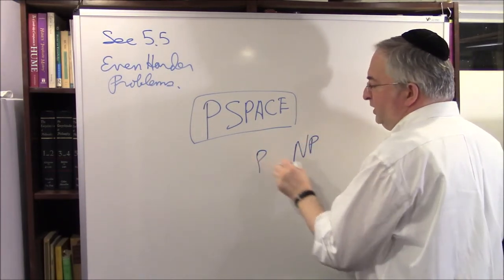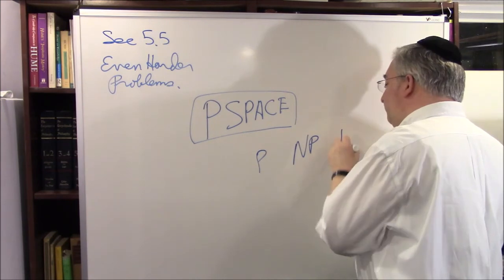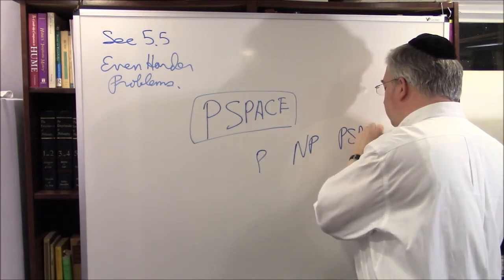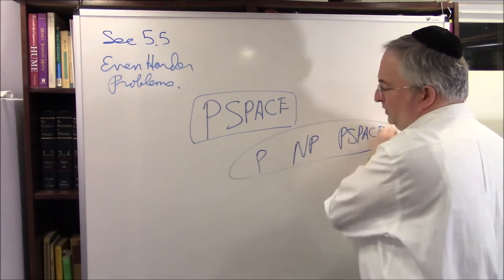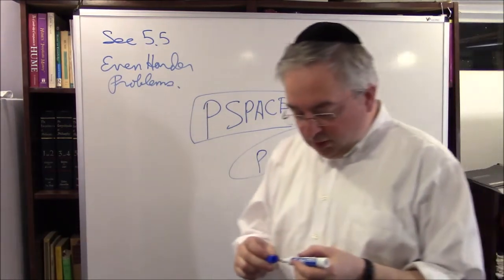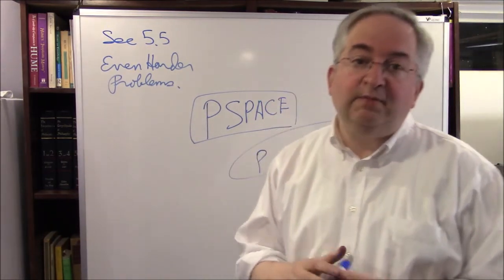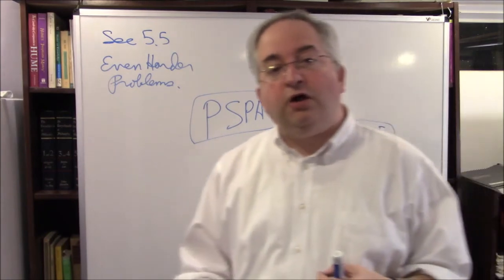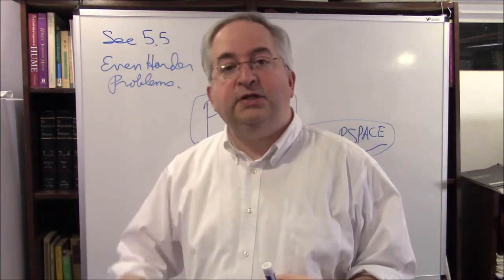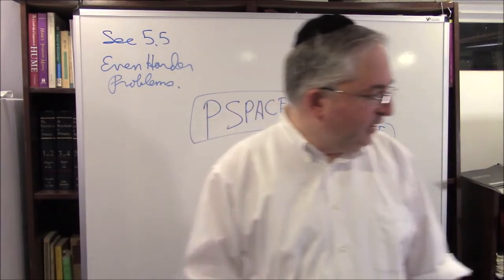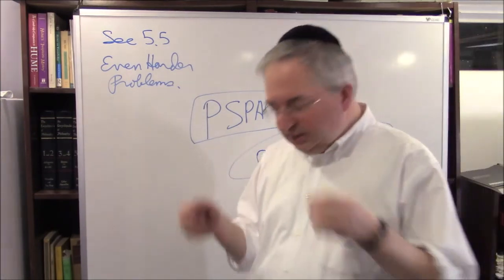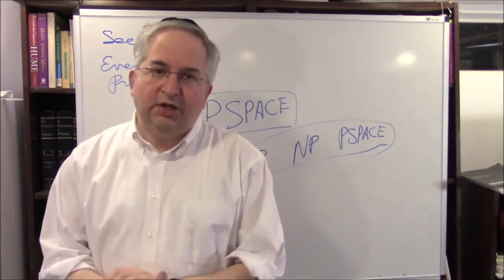Remember, P is the easy ones, NP is the hard ones. P-space is even harder than that. Okay, so computer scientists spend a lot of time discussing how hard certain problems are. Can they be done? Can they not be done? Great. And there's a little bit more detail worth going through at the end of chapter 5.